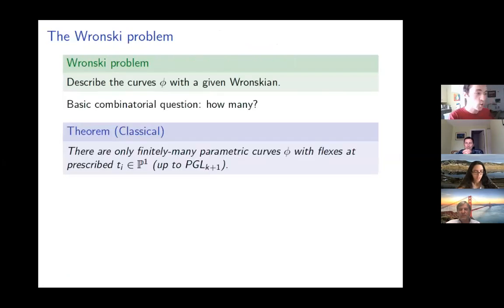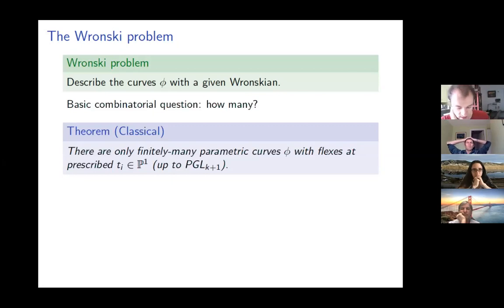Okay, so basic question, how many curves have a given Wronskian? First question we ask about any geometry problem. And it turns out, and this is just classical algebraic geometry dating back to probably the 1800s, that if you fix all of the t values, and you prescribe all the flexes, then there are only finitely many parametric curves that have that specific Wronskian.